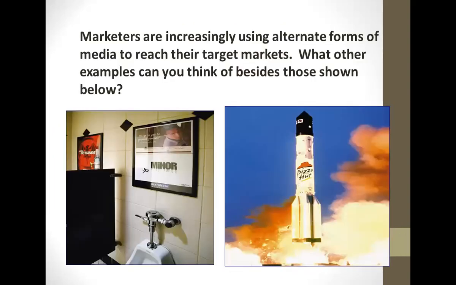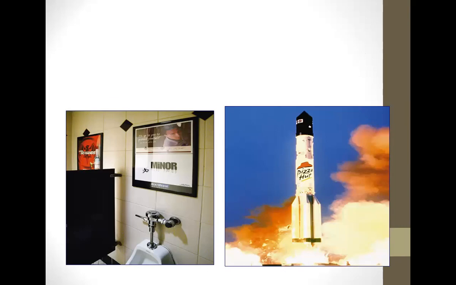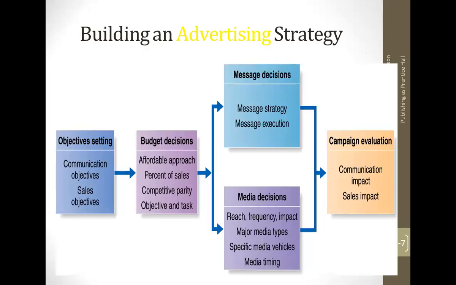But now I want us to look at some of the alternative forms of advertising. Maybe let's look at those media decisions there. All right, so when you decide on the media that you want to use, you need to decide who you want to reach, how frequently you want to reach these people, and what impact it is going to have.